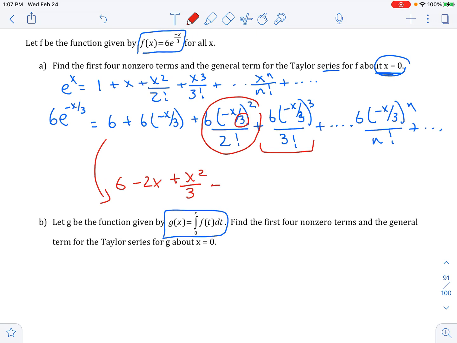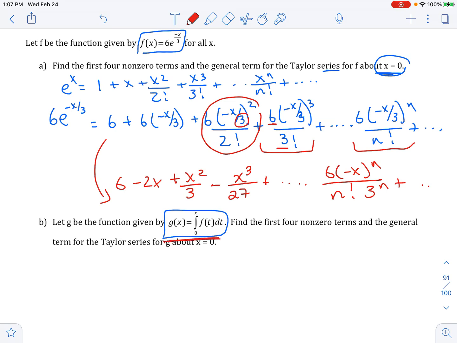The next term here, notice it's going to be a minus sign. I do have an x cubed. You have a 6 on the top, 3 factorial is also the same as 6, so 3 cubed on the bottom is 27, etc. Okay. I'm going to clean up the general term a little bit too. The only thing I can do is break up that fraction, so I'll put the 3 to the n on the bottom like that.